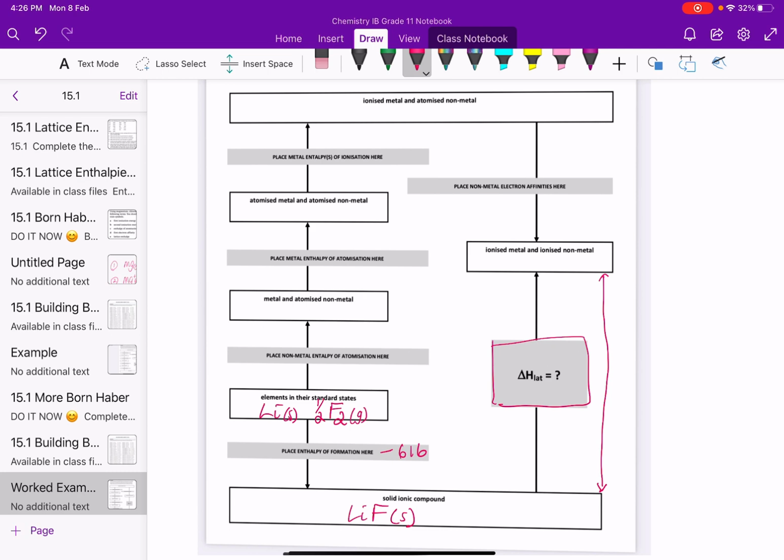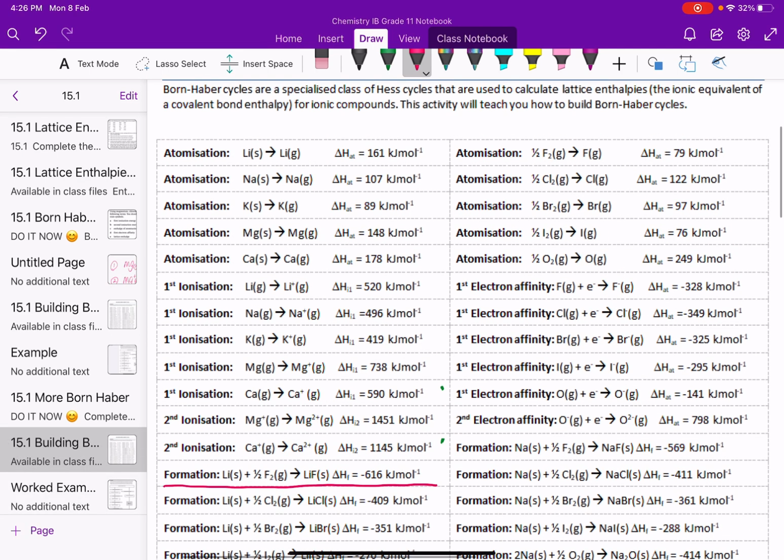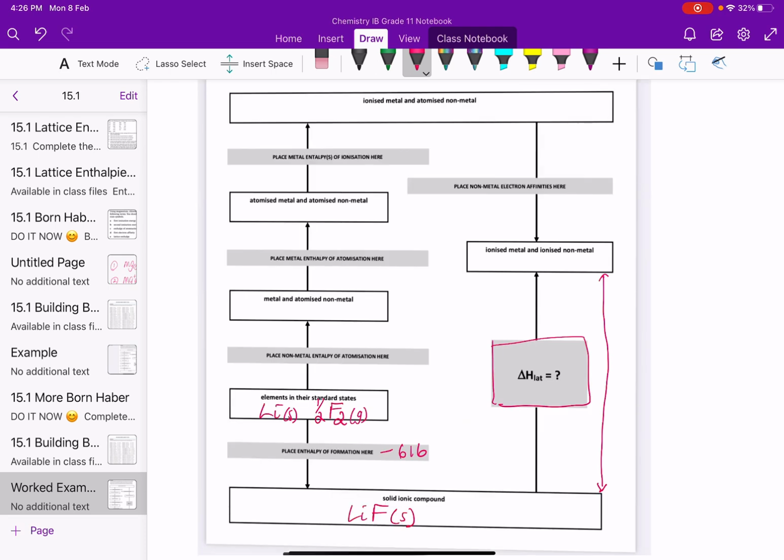So the non-metal is fluorine. The enthalpy of atomization for fluorine, if we have a look, we can see it here. So atomization is turning a fluorine molecule into a fluorine atom in its gaseous state, and that is 79 kilojoules per mole. So here, 79 kilojoules going in that direction.